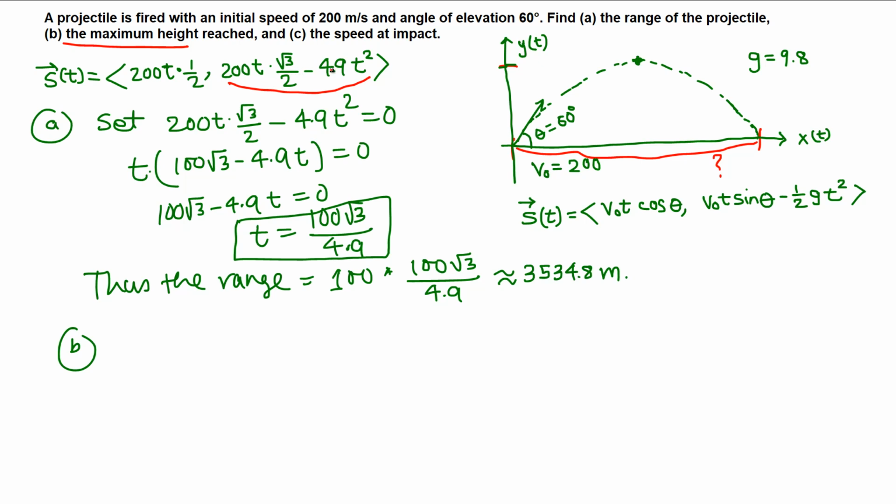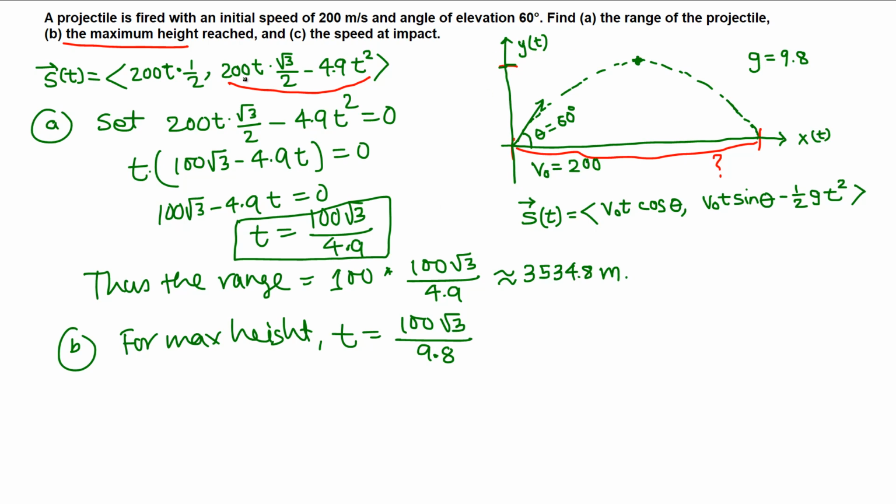You find the time, which will in fact be just half of this. So I just want to find the time for max height. The time will be half of this. Just divide by 2 means multiply by 2 on the bottom, 4.9 times 2, 9.8.